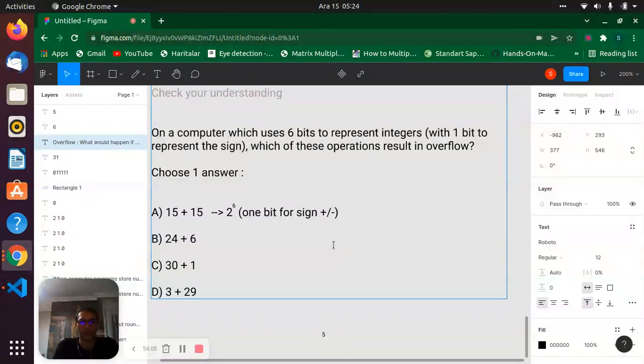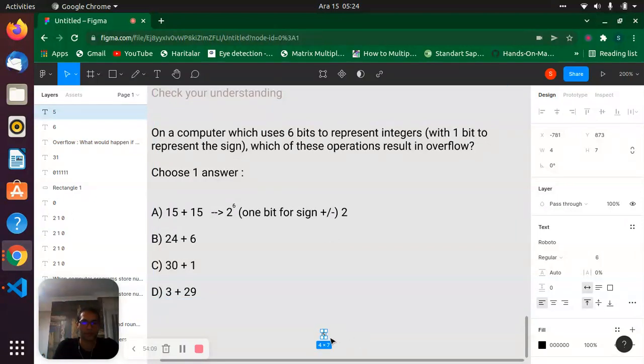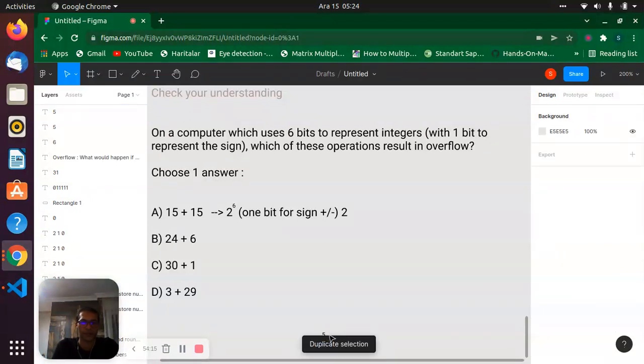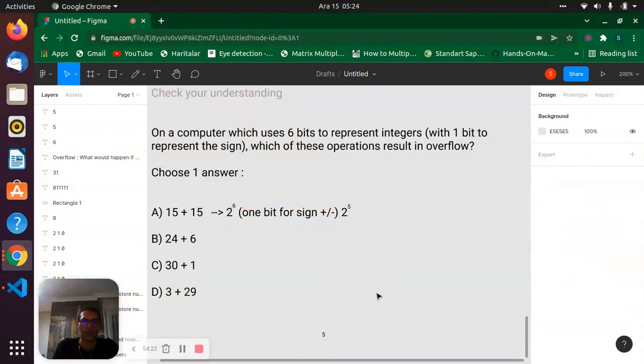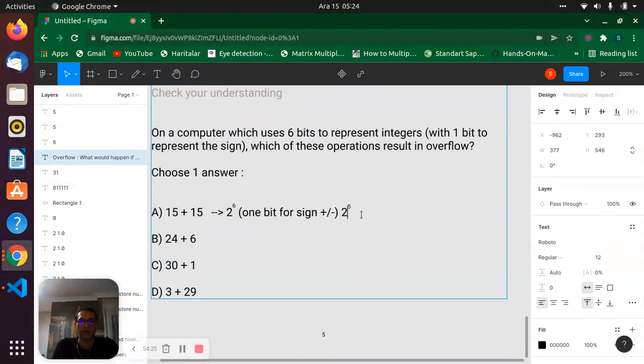Now we have 5 power of 2, because one bit we use for the sign. Now we are looking for 5 power of 2. Have you counted? What do you think? We can solve this situation together.